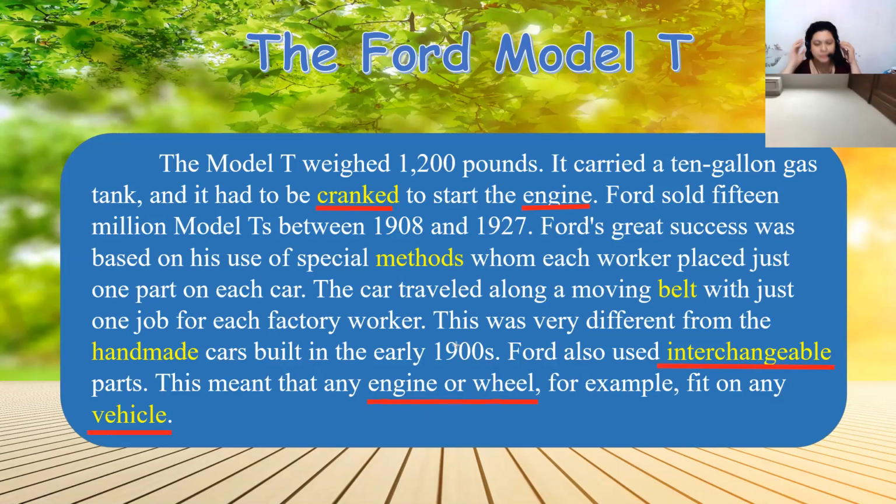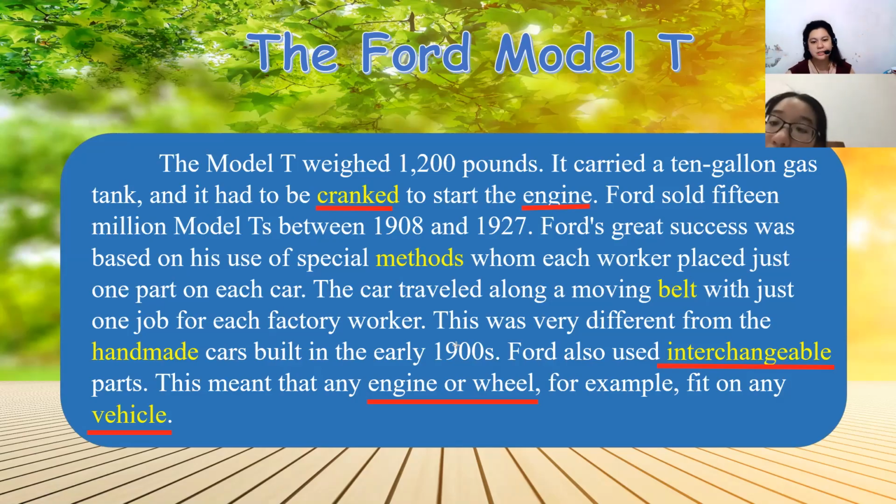Okay. So the Model T weighed 1,200 pounds. It carried a 10-gallon gas tank and it had to be cranked. Okay, repeat after me: cranked, to start the engine. Do you know what is cranked, Chi? Have you seen a motorcycle which does not start automatically when you press the button?